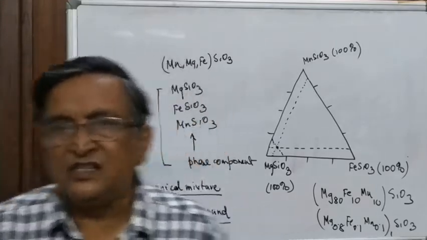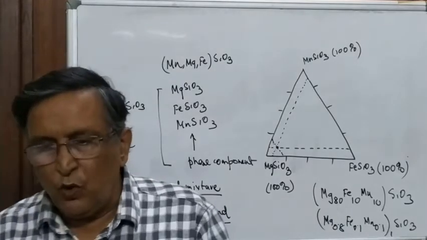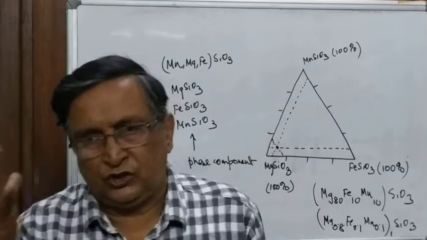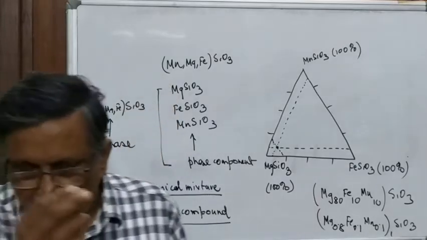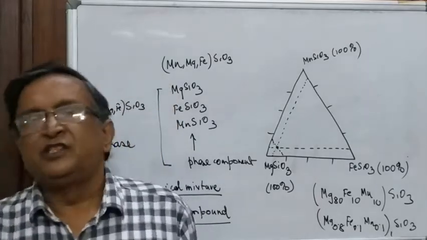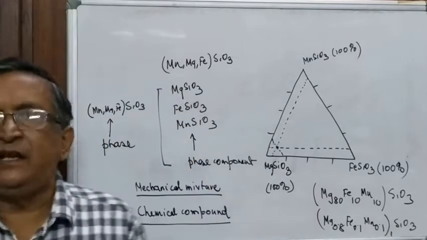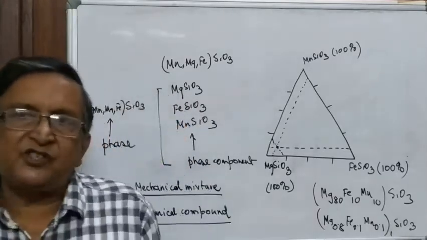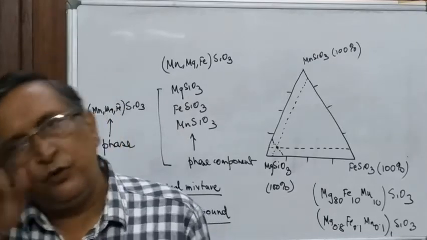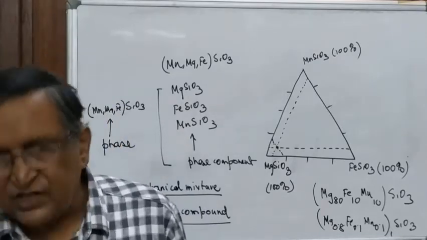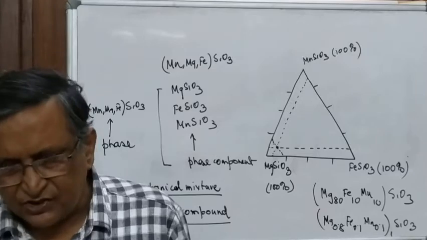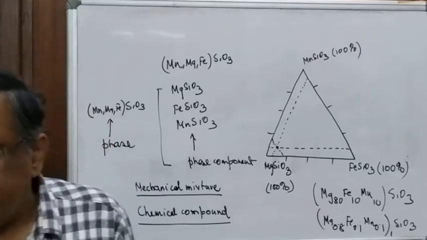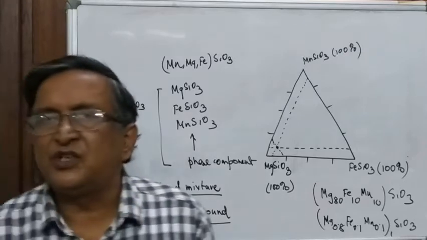Mechanical mixture is like, say you add sugar and salt. Say you take 10% sugar, 90% salt and mix it. If I ask you to separate it, you will be able to separate it. You can separate it many ways, physical processes, or you can even separate it by picking, because sugar and salt have different crystal structure.